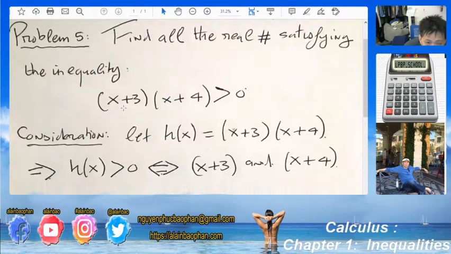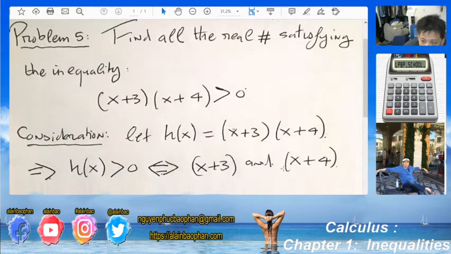But if these two factors have different signs, let's say minus 3 multiplied by plus 4, it equals minus 12, which is less than 0, right? Or you can have plus 3 times minus 4, still equal to minus 12, less than 0.